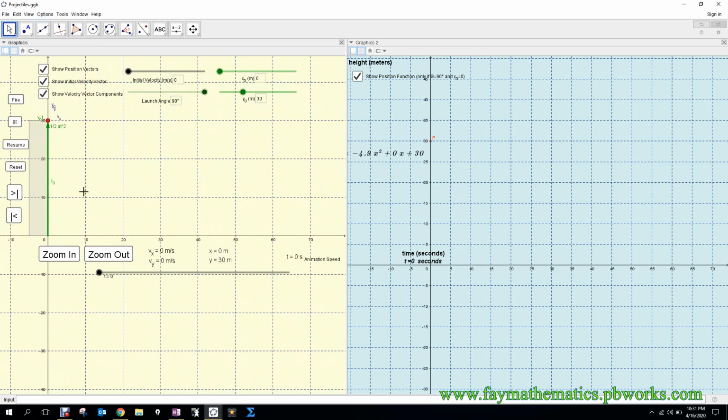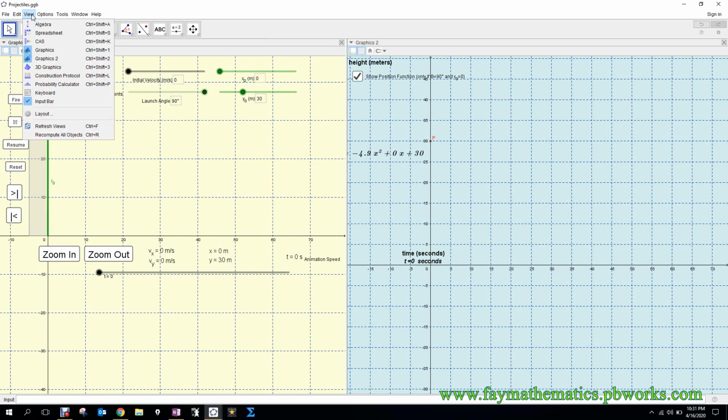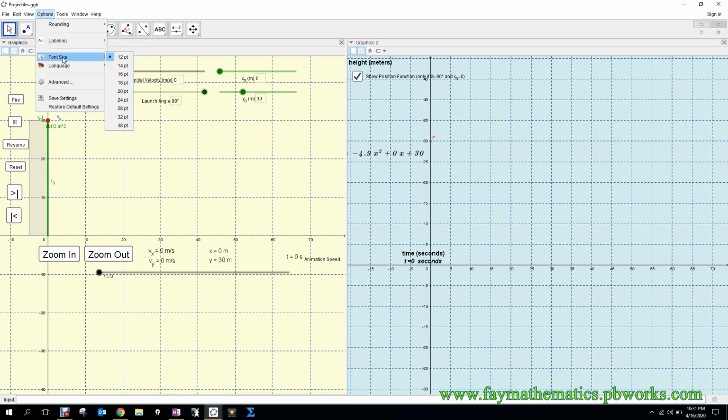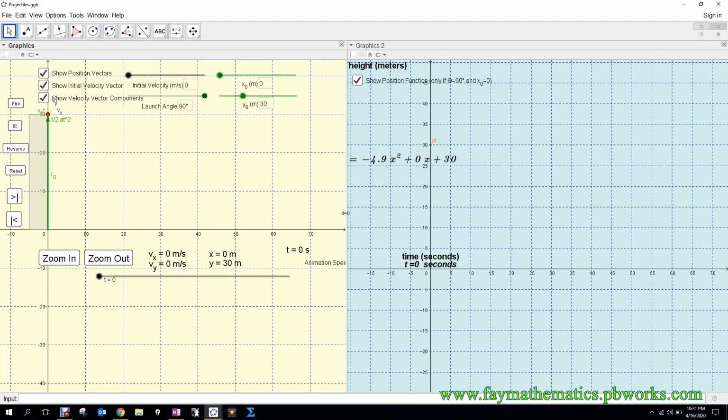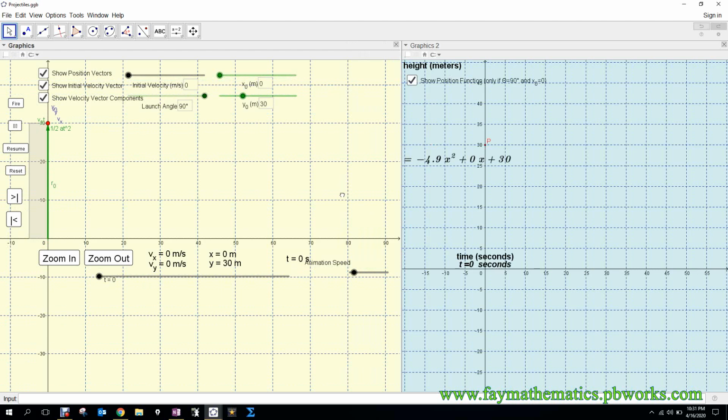But basically what I want to show you is that whenever you take an object and you kick it, throw it, launch it through the air as a projectile, it is always going to be tracing out a parabolic arch.